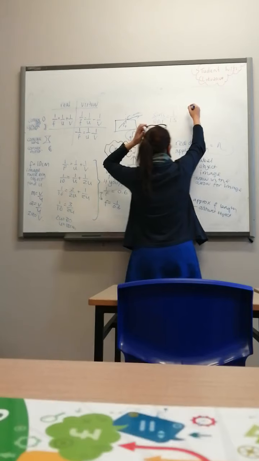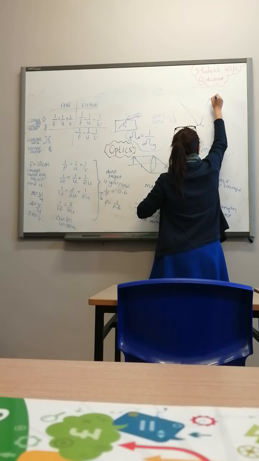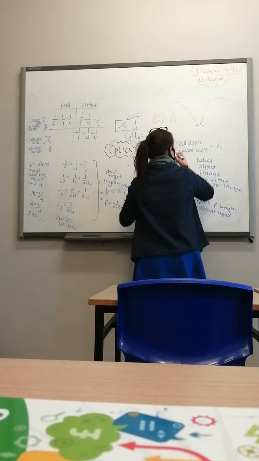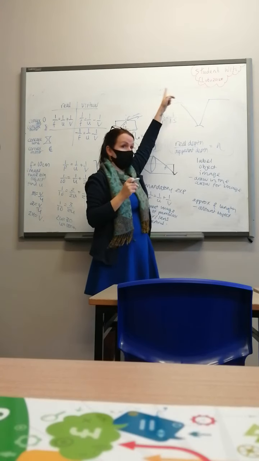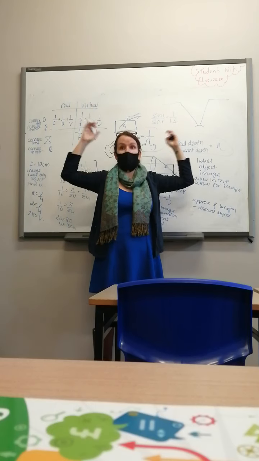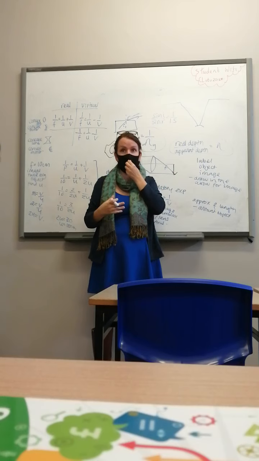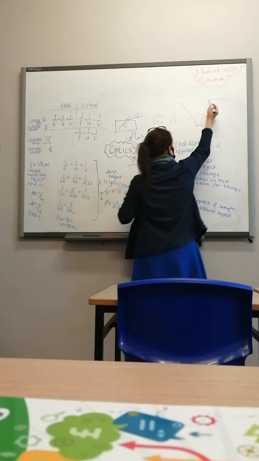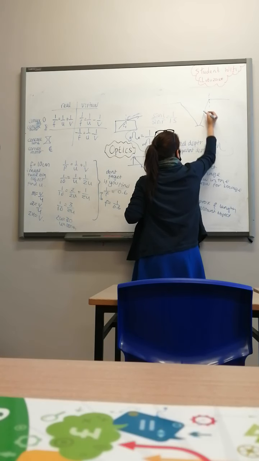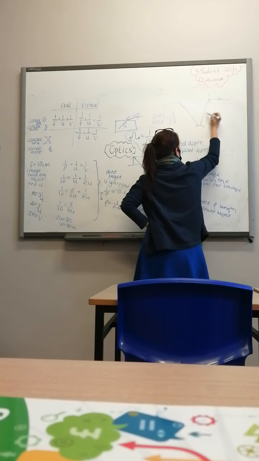If you were told that you have some light or something at the bottom of a swimming pool, and you're asked to find the radius of the circle of light that's made above, or the area of the circle of light that's made above, you should have learnt off at this stage how to do that. So just remembering, light is going out, so this is my incident ray, this is my refracted ray.